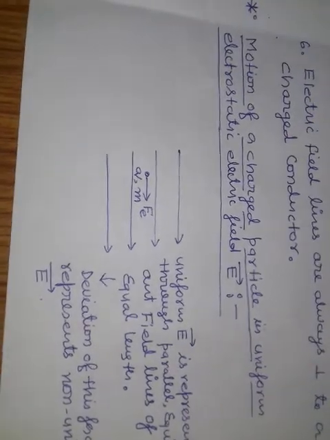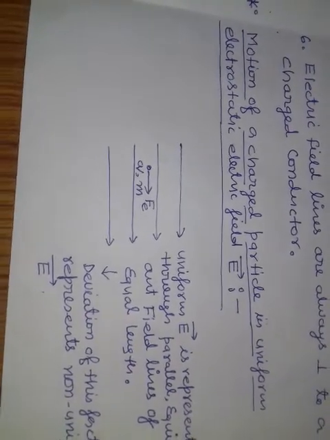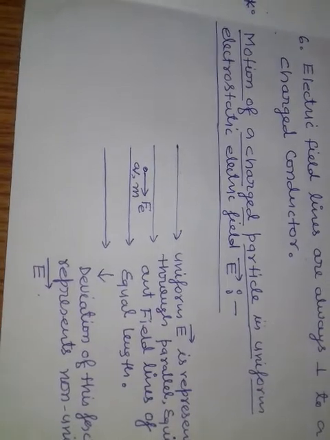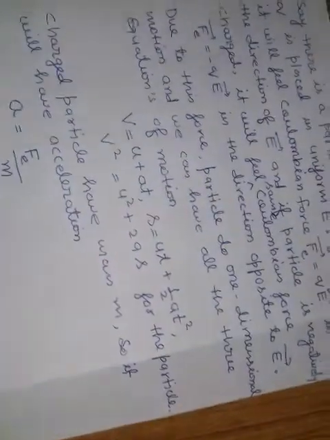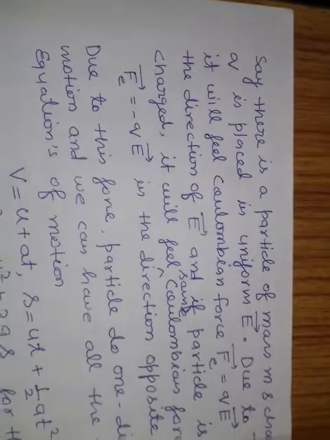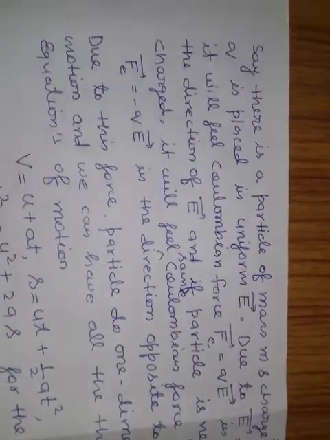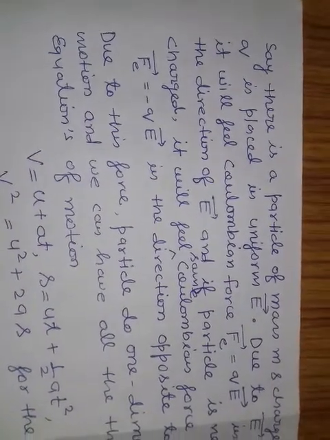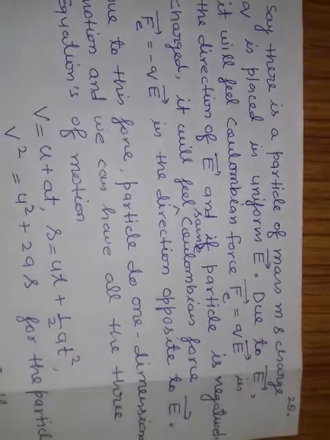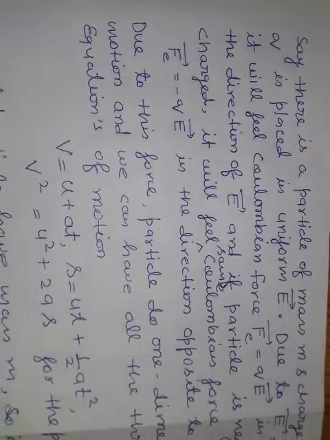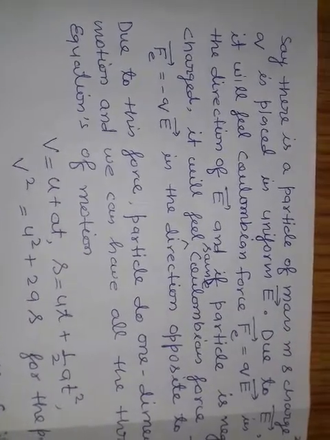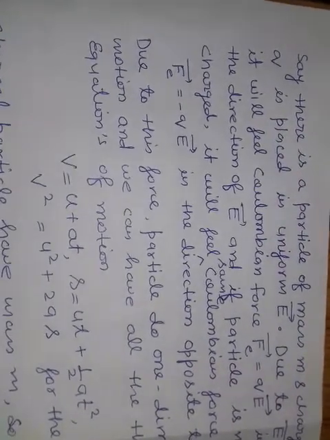Say there is a particle of mass m and charge q placed in uniform electric field E. Due to the electric field, it will feel Coulombian force, Fe is equal to qE, in the direction of electric field.